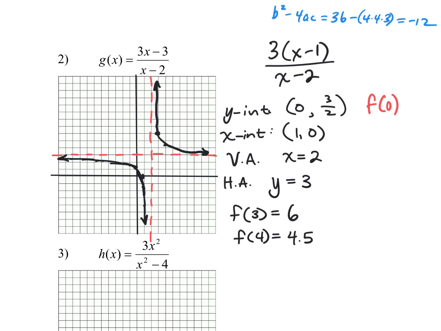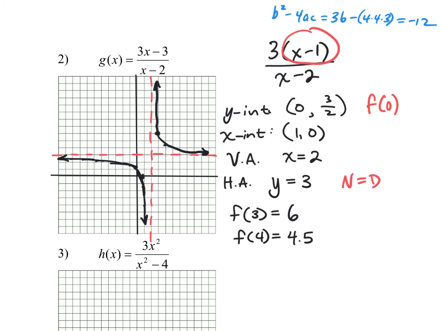Again, factoring helps. Notice here, really easy to find that x-intercept. My vertical asymptote comes from the value that would make the denominator 0. And then my horizontal asymptote comes from the fact that my numerator and denominator have the same degree. So I divide 3 by 1 to get my horizontal asymptote.